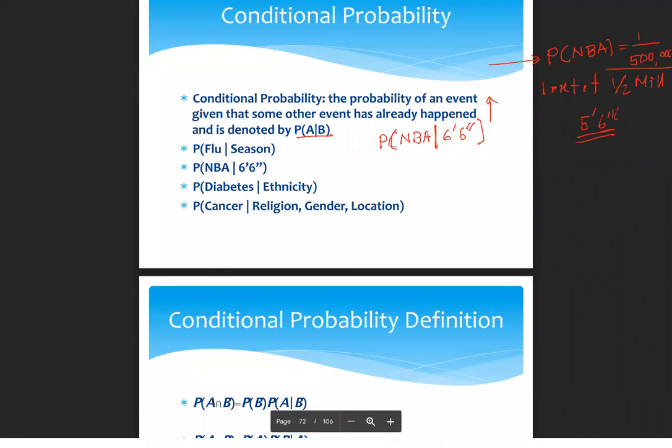So there are many real world scenarios where, if you are given something, then the probability of something else happening goes up significantly.